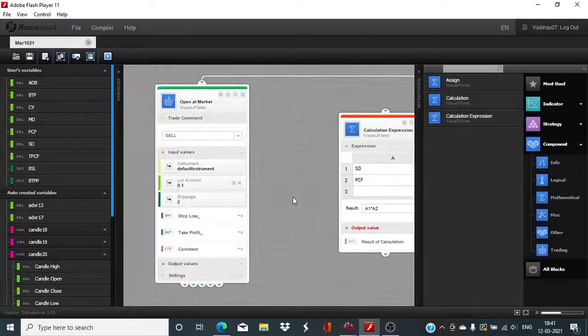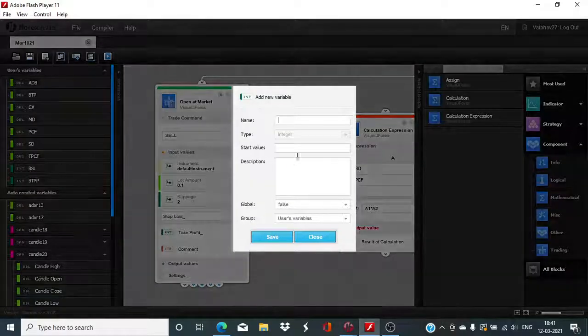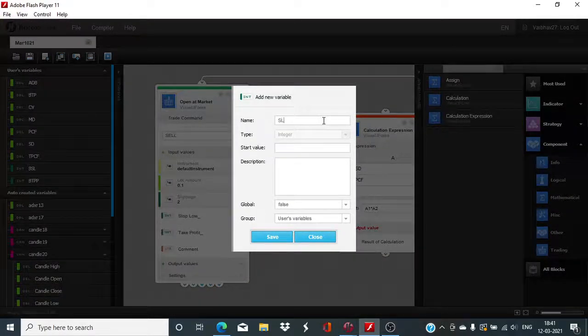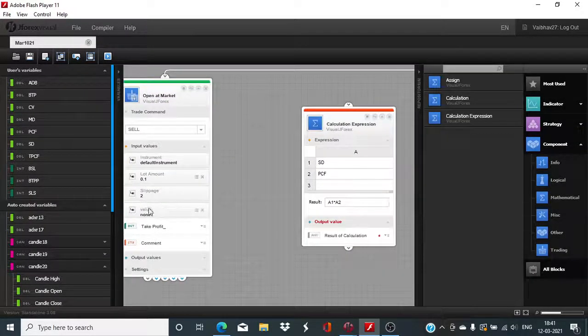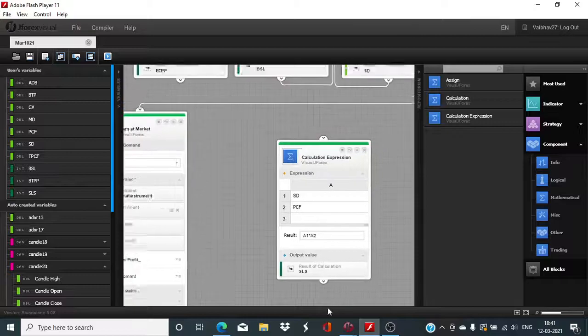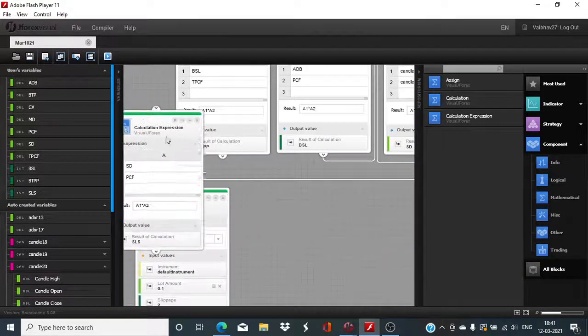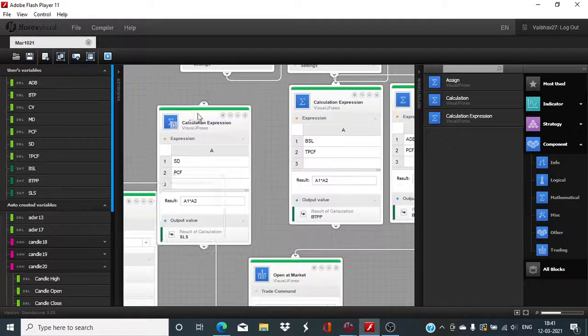Okay, and this is going to be sell side stop loss. Alright, we have defined this stop loss now.